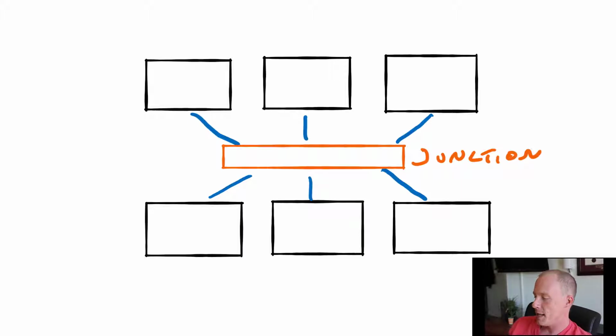This is a separate entity in your database or application that will do at least one thing, and it will hold the IDs of the one entity and the other entity.